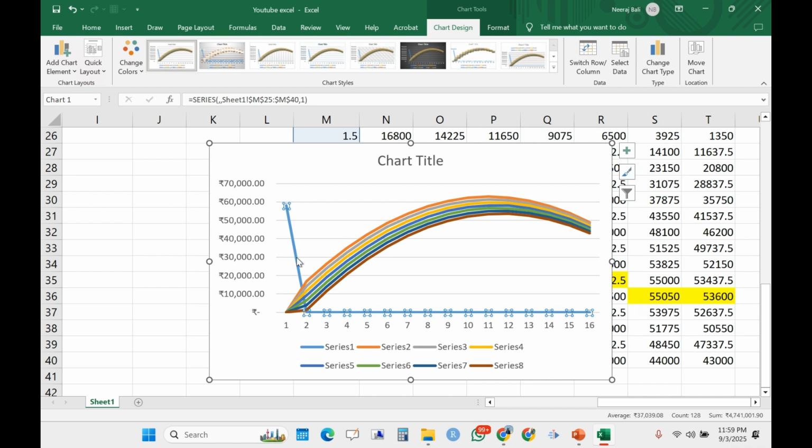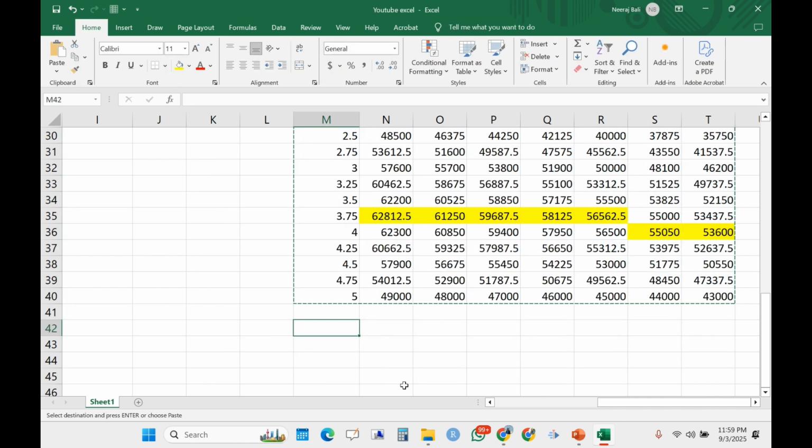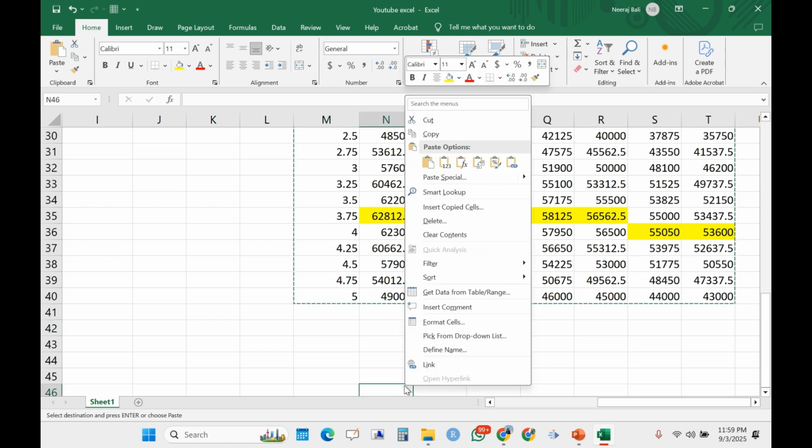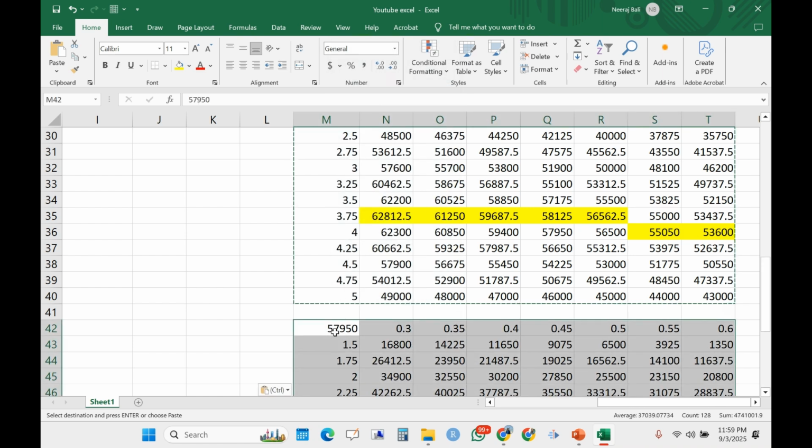I don't need this. No, it's not coming. Wait. There's some mistake. Try to make absolute values, not the formulas. Again, paste special values. Yeah.